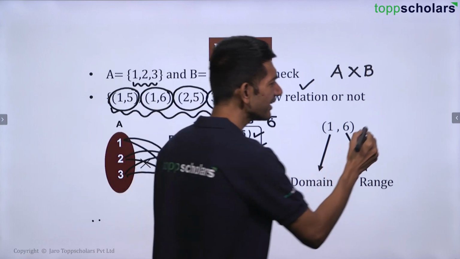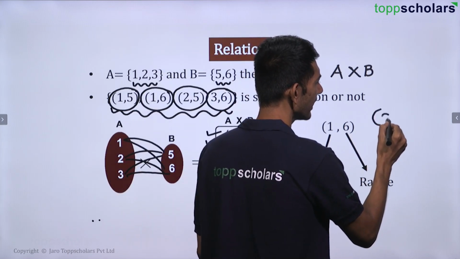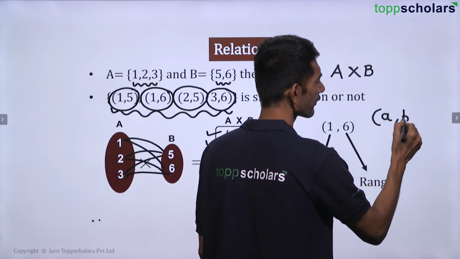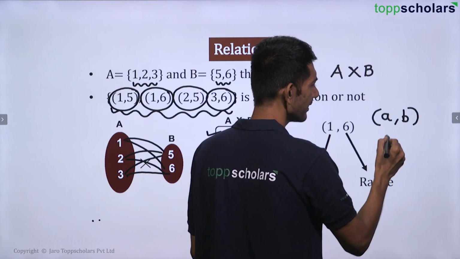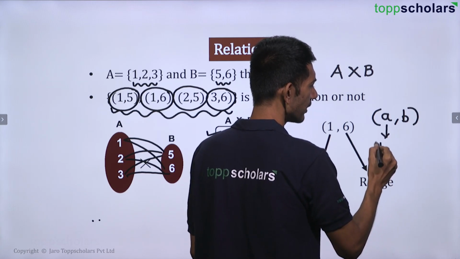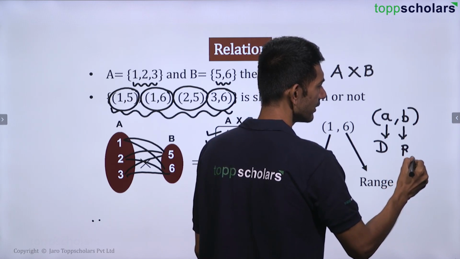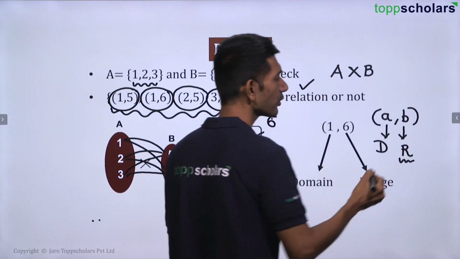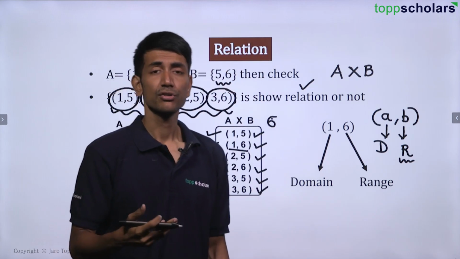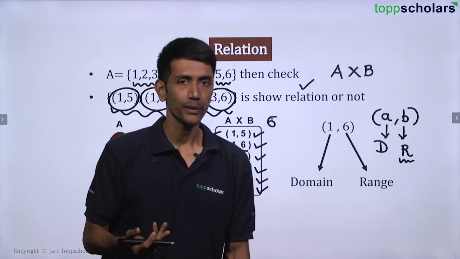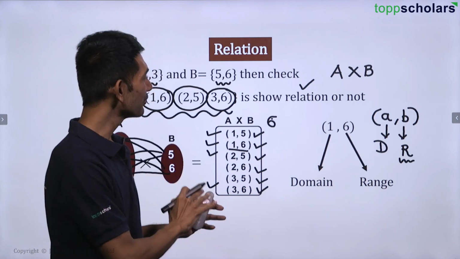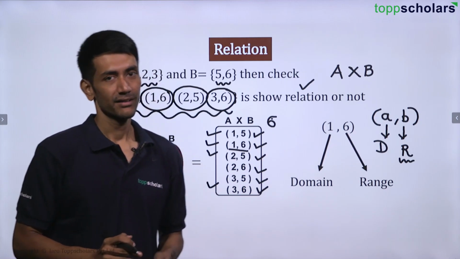So indirectly I can say that if I have (a, b), then a is our domain and b is our range. Please make a note of this. They might ask you some questions based on domain and range as well. So don't worry. I hope this part is clear to you, and let's continue further.